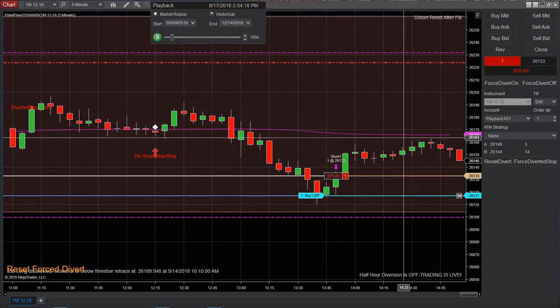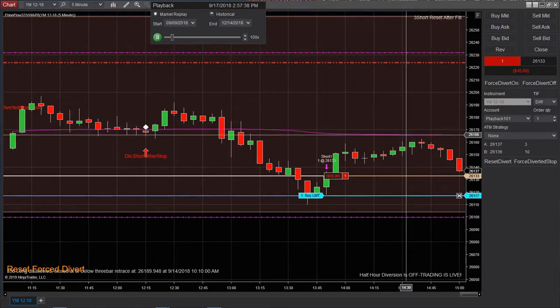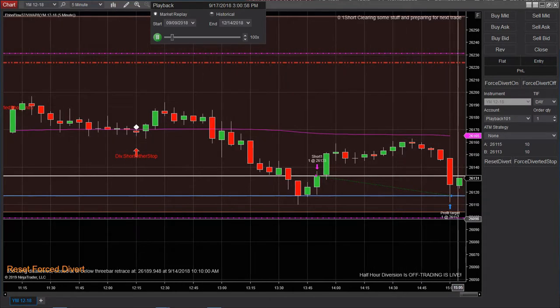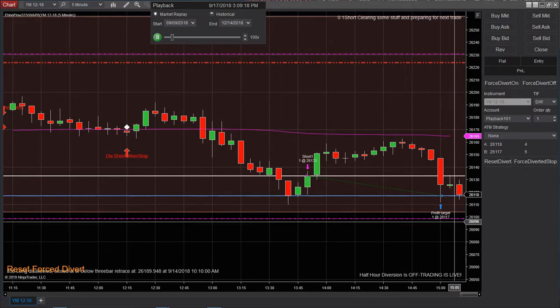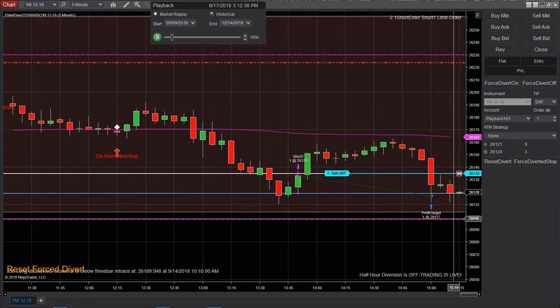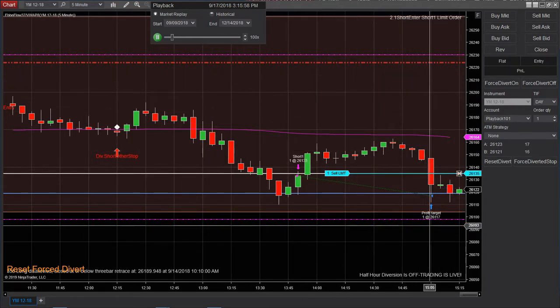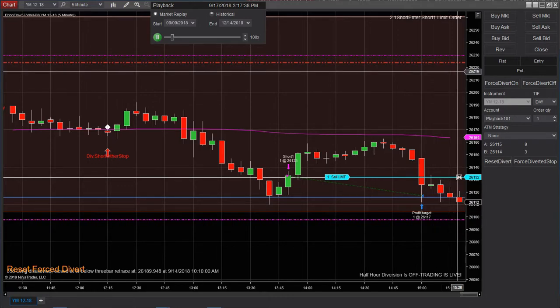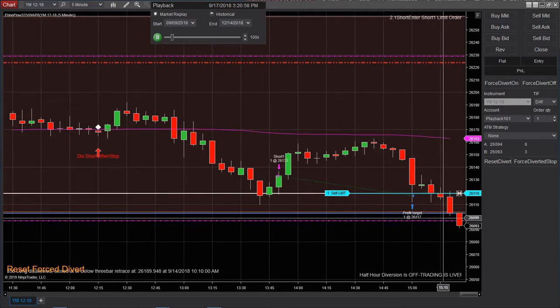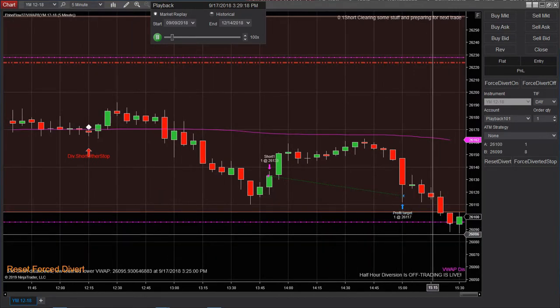So what that does, in a volatile period, is keep us from getting over our skis, so to speak. Because if it runs down too fast, then it's likely to whipsaw back on us. And if we got into a short trade way down here, it could get us in trouble.